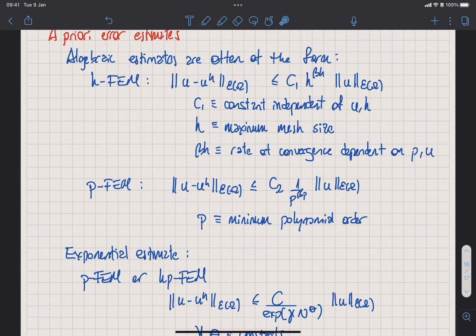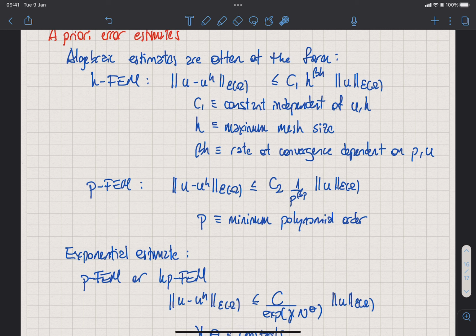Well, that goes back all the way to the first lessons. If you remember, we defined the energy space, which is comprised of functions that have finite strain energy. In that space we can quantify the error, and we defined the norm as a measure of quantifying something in that space.